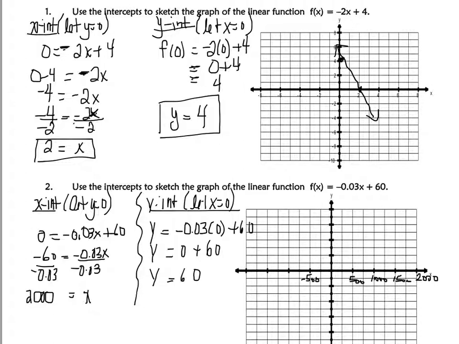And then the y only goes to 60, so we could probably do every 2 blocks would be 20 here. 20, 40, 60, 80, negative 20, negative 40, and so on. So then we would plot our y-intercept is 60, our x-intercept is 2,000, and there's our graph.